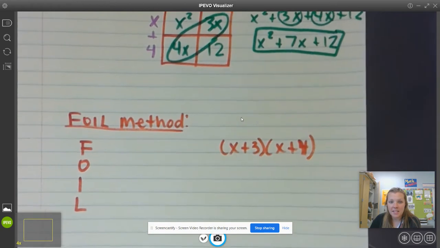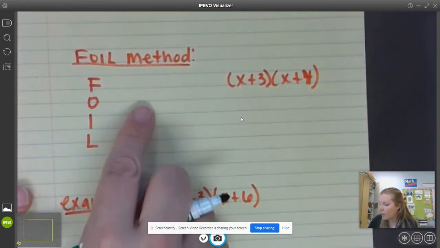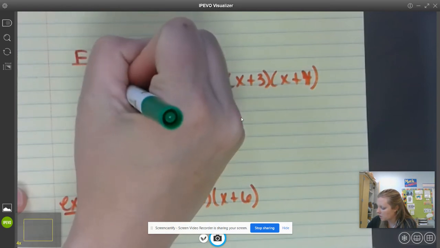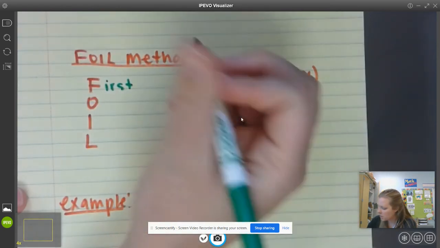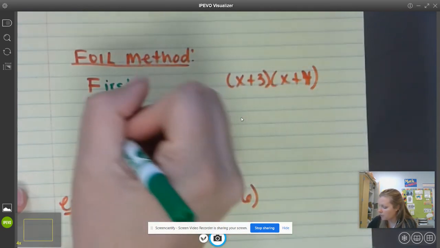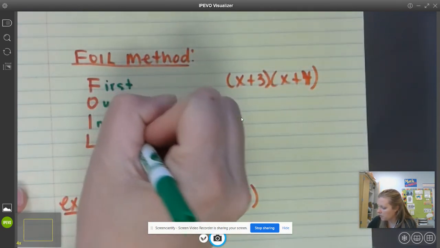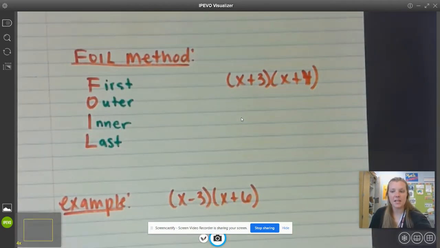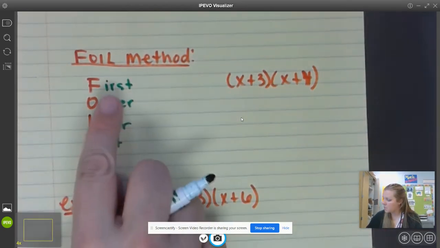The second method is the FOIL method. FOIL stands for the firsts, the numbers that are firsts, then the numbers that are on the outsides, the outer numbers, then the inner numbers, and then the last numbers. And you're going to multiply.